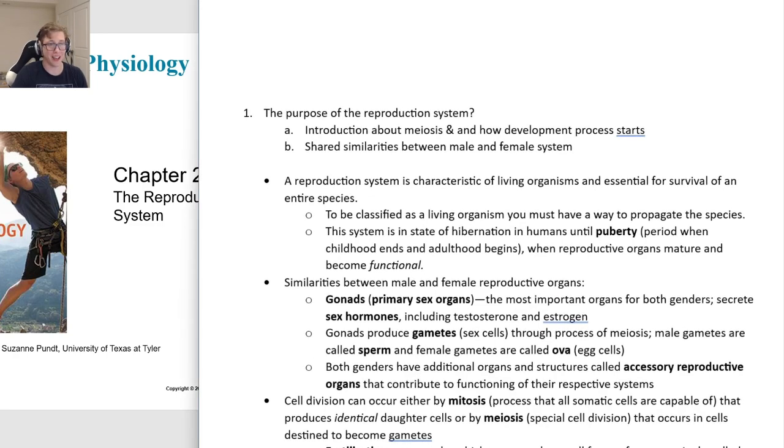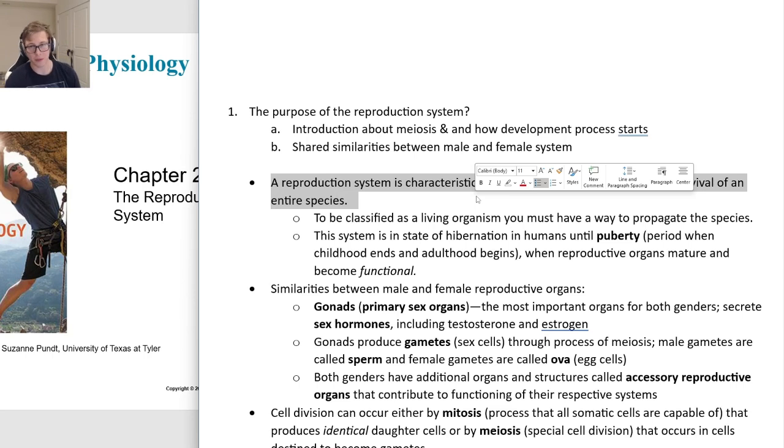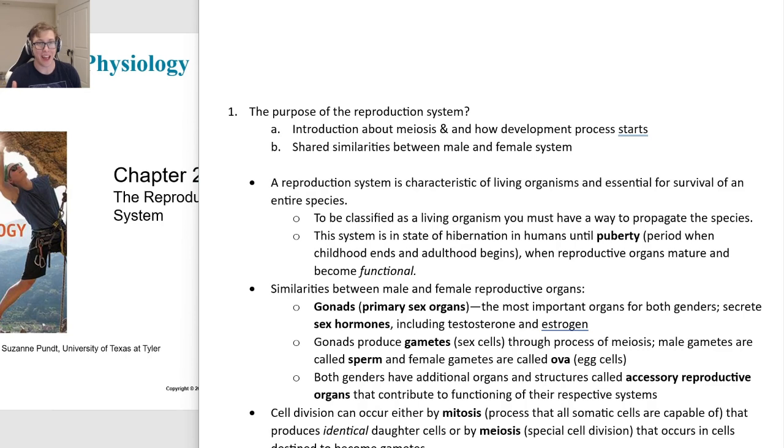Now, tidbit aside, the importance of the reproductive system. Every single, I was going to say animal, but every single thing that is classified as being alive has to have some way to propagate the species. Essentially, you have to be able to continue the species on to be considered alive. Viruses don't have any form of reproduction, which is why they are considered not alive, compared to bacteria, which have some forms of reproduction, which is why they are considered alive.